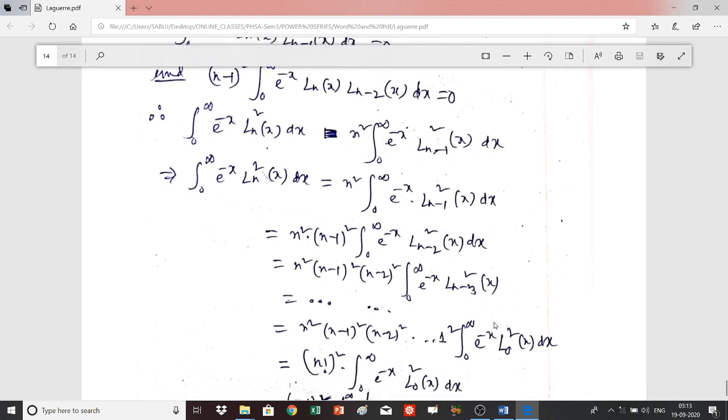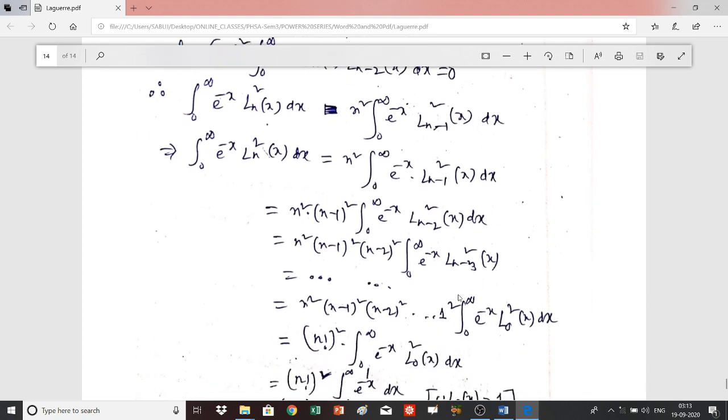In this way all the other terms will come, and this will go until this number becomes n. In that case these terms will give you n square, n minus 1 square, n minus 2 square, and it will continue up to 1 square.